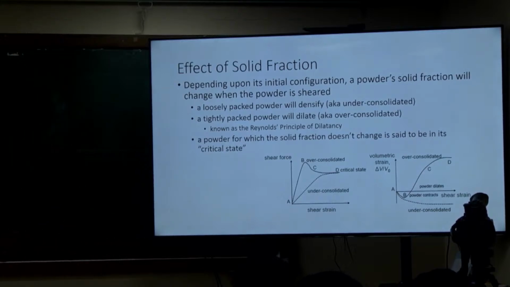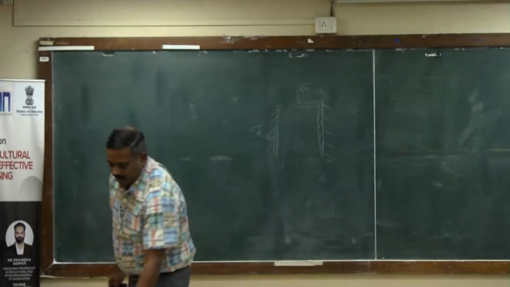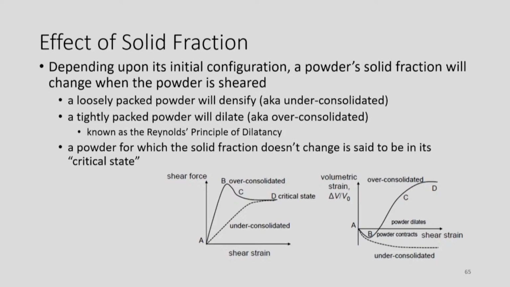So again, solid fraction. We talked about solid fraction yesterday, right? Solid fraction is the amount of solids present within the sample you take. Depending on the solid fraction, this behavior might change, at least at the initial points of compaction.